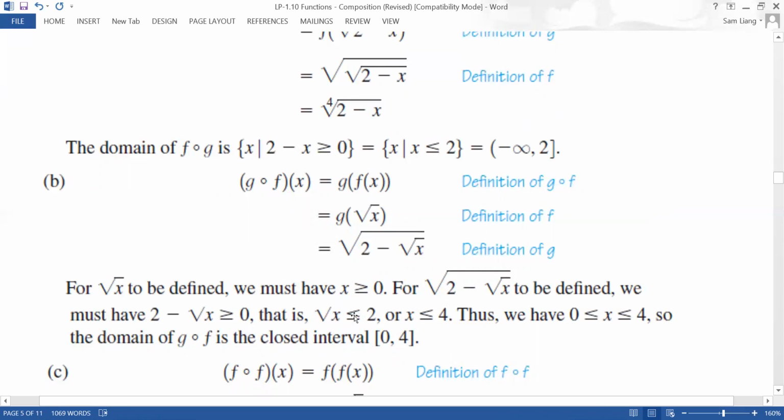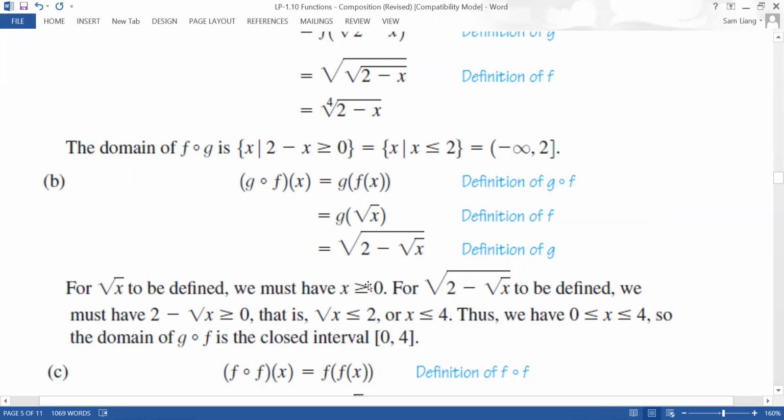If one of these were negative, we would have to change the sign of the inequality, but since both are positive, it's fine. For example, 1 is less than 2, and if you square them both, you get 1 is less than 4, which is still the same inequality. We know both are positive because square root of x can't be negative. And so we get x is less than or equal to 4.